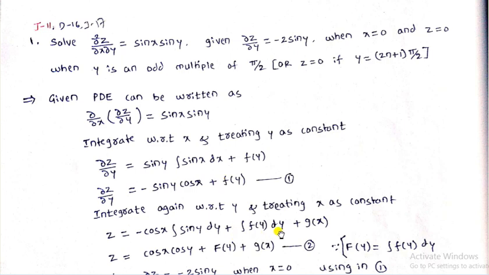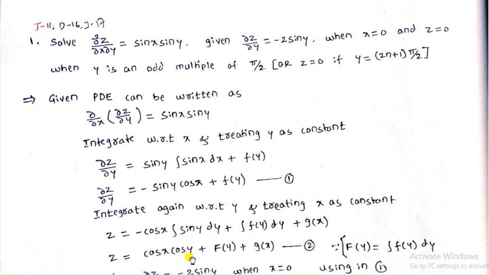Here we integrate with respect to y, so once again we add an arbitrary function g of x. The integration of sin y is minus cos y, so we get plus cos x cos y.